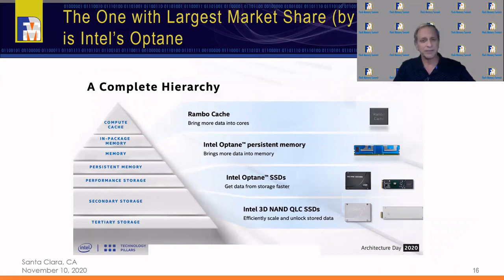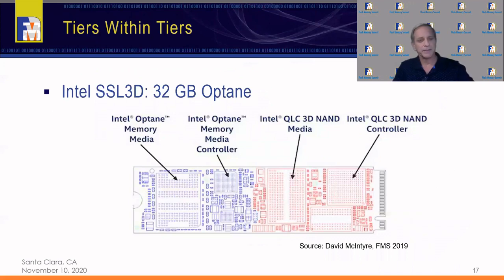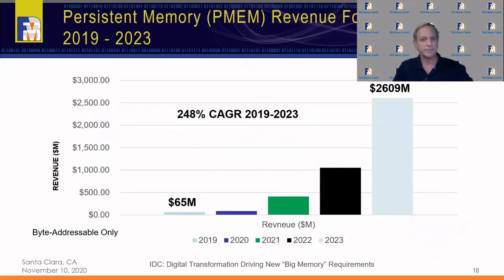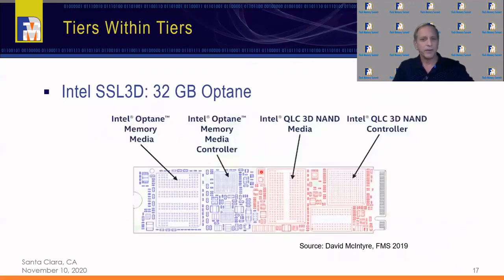It is interesting to note that the Optane SSDs themselves have tiers within them. We can see that on this PCB, where we have the slow but high capacity QLC NAND buffered by the more expensive and much faster Optane persistent memory.